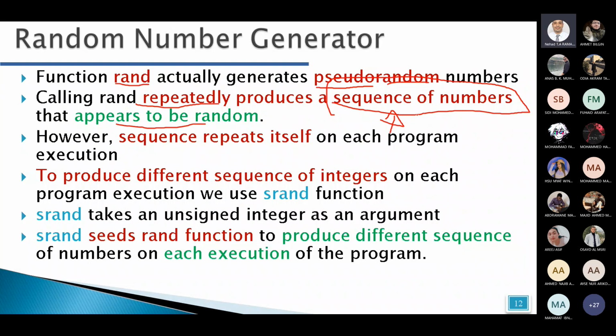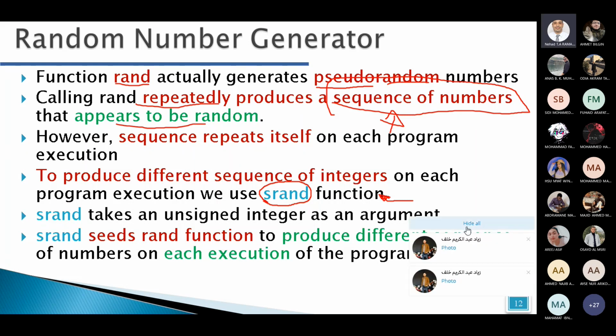To make it really random, you need to use the srand function before the rand function. What's this srand function? It changes the seed for the rand function.